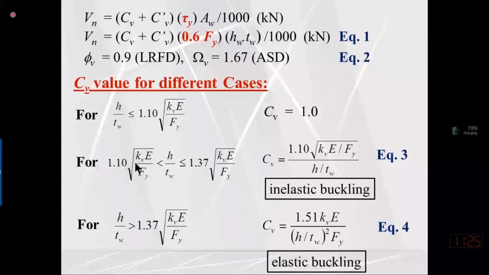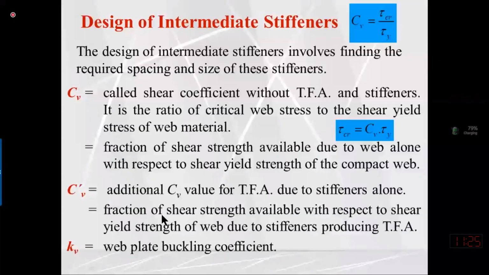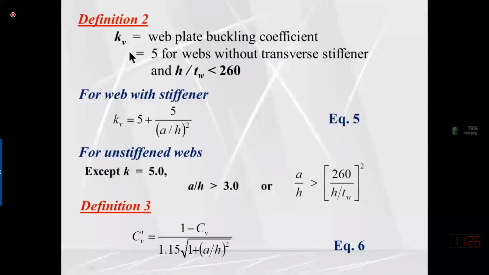So KV value is the web plate buckling coefficient, which depends upon the panel size or the aspect ratio of web. This KV value will be equal to 5 when we are not providing intermediate stiffeners. If we are not providing transverse or intermediate stiffeners, then KV value will be equal to 5.